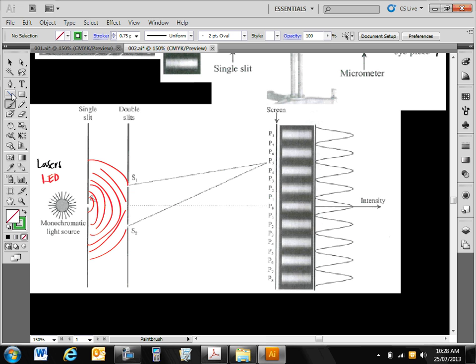If I then draw lines to P2, this is becoming more obvious now. S2 has a larger distance to travel than the light from S1. And so we have a path difference of how much?